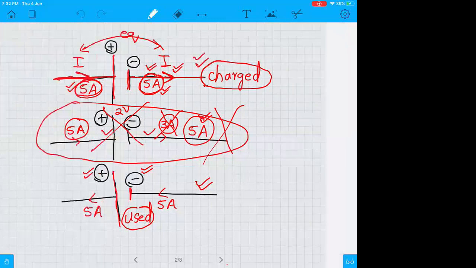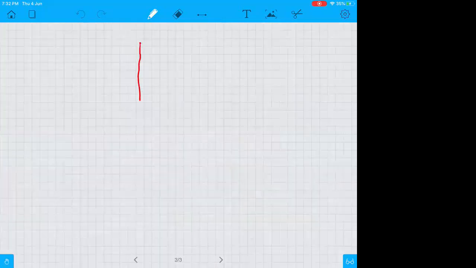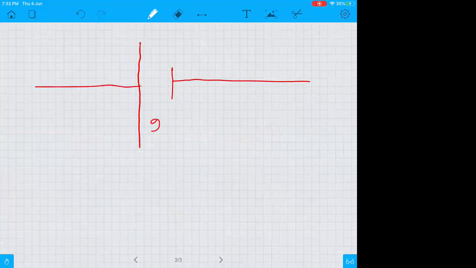Now let's suppose you have a battery and this battery is of 2 volts. What does this mean?